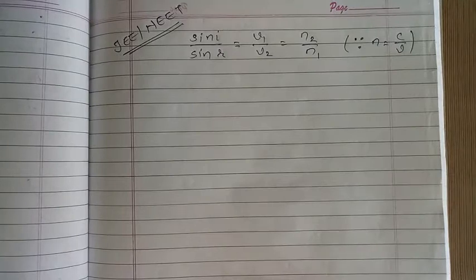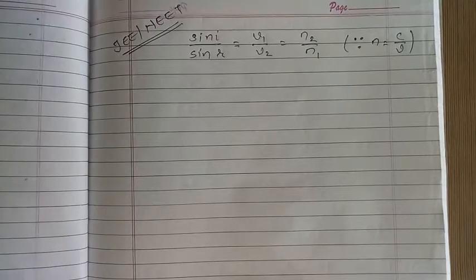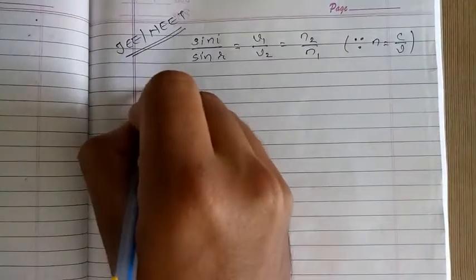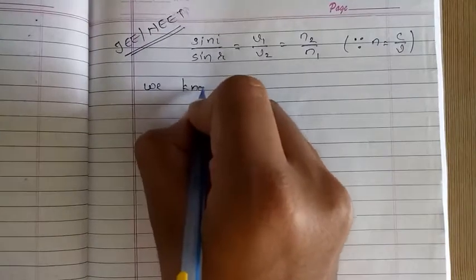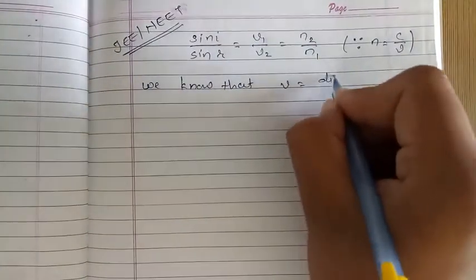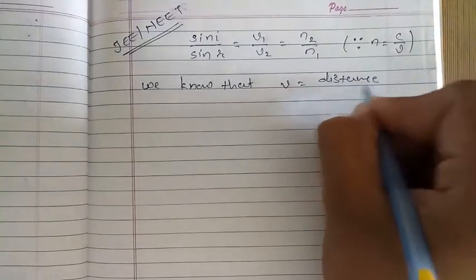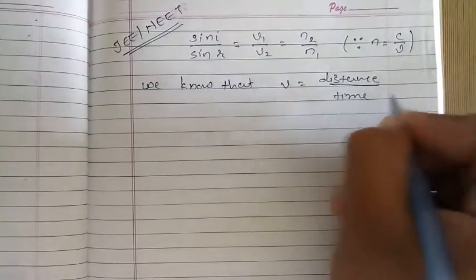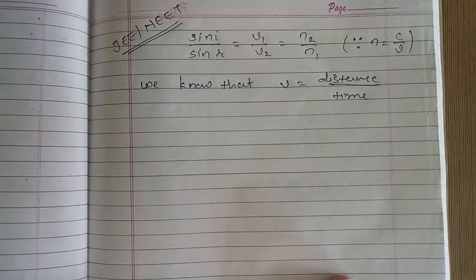Now, we know that velocity V is equal to distance by time.